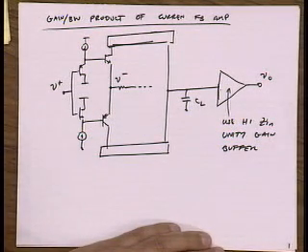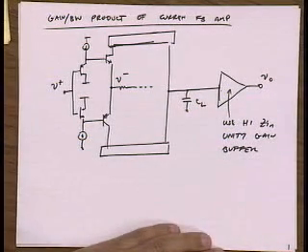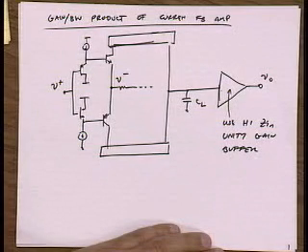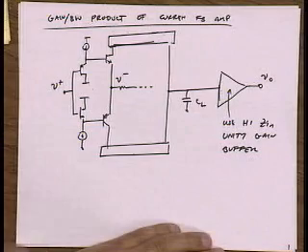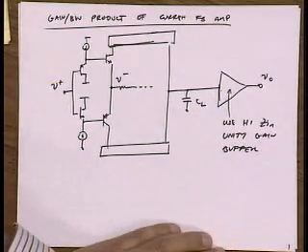Anybody? Debo, you haven't spoken in a while. You wanted to fix your dominant pole, so you need a high impedance also. Yeah, not just your dominant pole, but your DC gain, right?